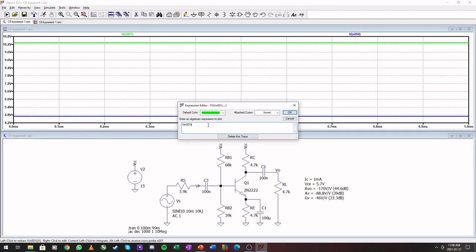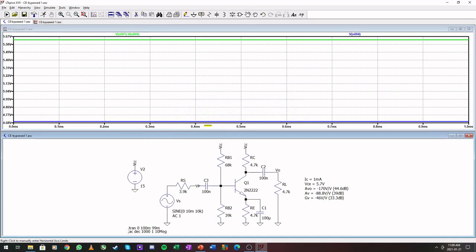So if we just subtract the two from one another, this green one is now our VCE value, and that is very close to 5.7 volts, right, like we had in our analysis.